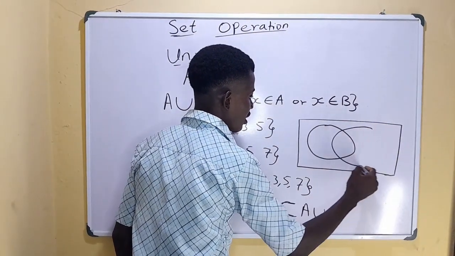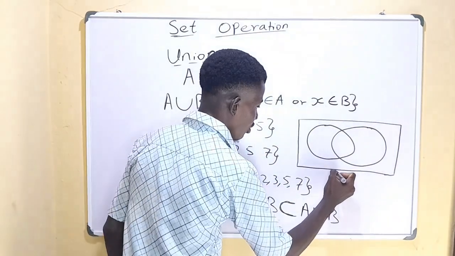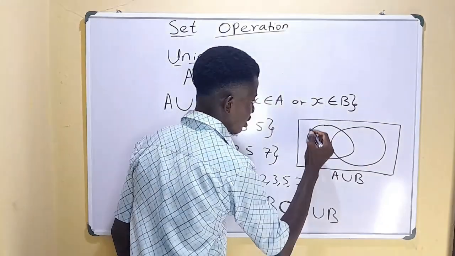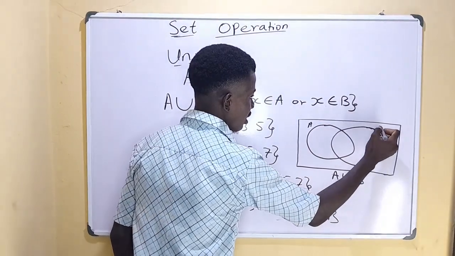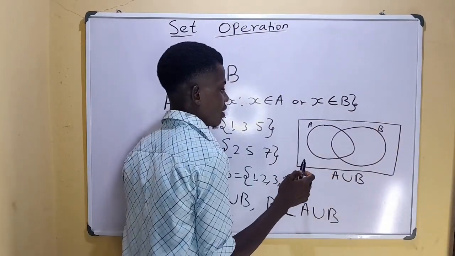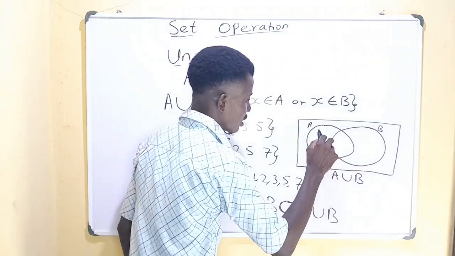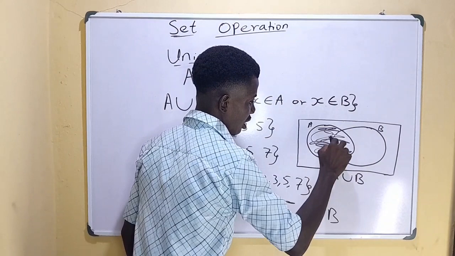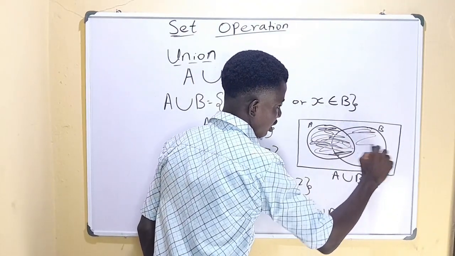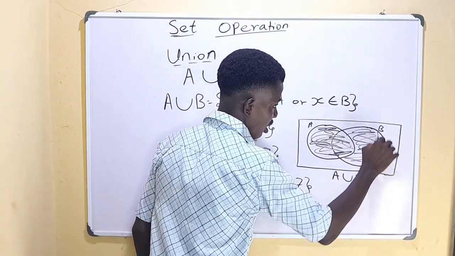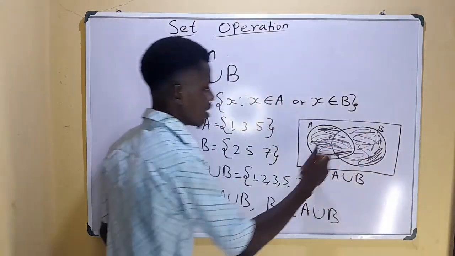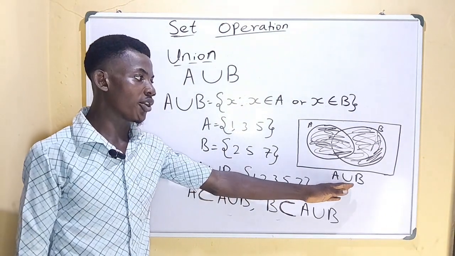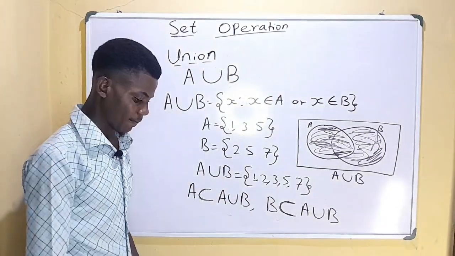This is how we represent the union of two sets, A union B. This one is our A, and this is our B. Now the Venn diagram means all the sets, so we shade everything. So this is a Venn diagram of A union B.